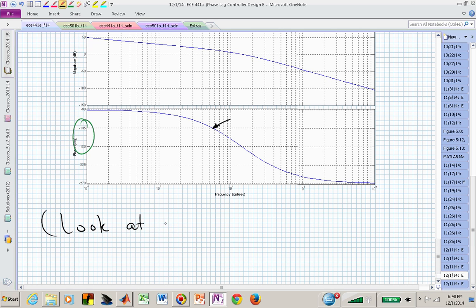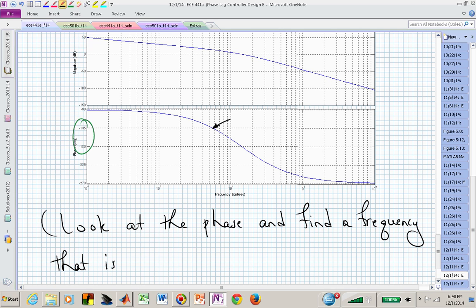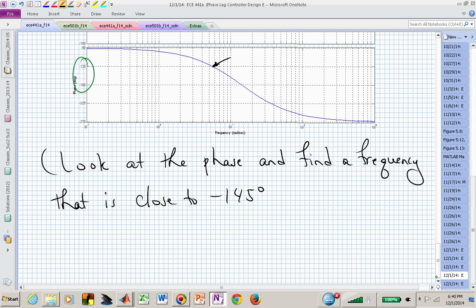So I was really trying to look at the phase curve. This was the thought process, and find a frequency that is close to minus 145 degrees. But I said that was a little bit tedious for me to try to eyeball minus 145 somewhere 10 degrees below minus 135.